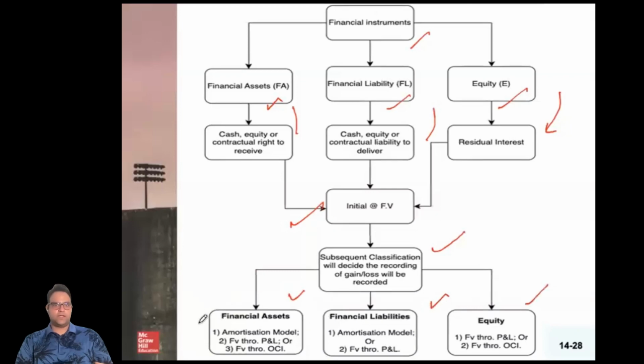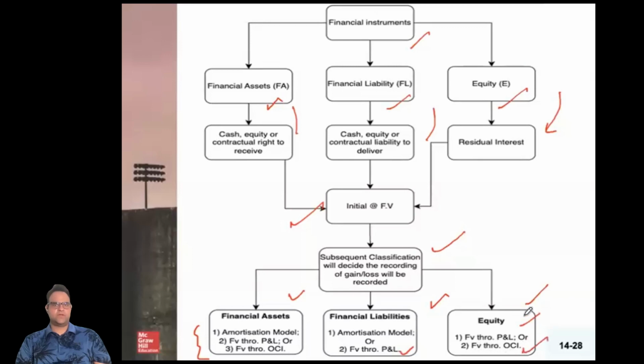Financial assets normally have the amortization model, fair value through PL, and fair value through OCI. Whereas financial liability uses the amortization model and fair value through PL. And number 3 is equity, which is normally written at fair value through profit and loss, or sometimes at fair value through OCI.